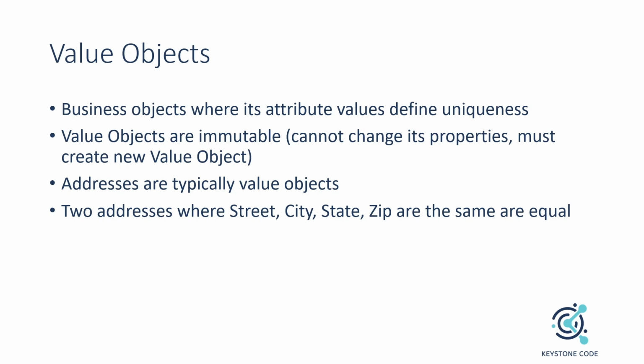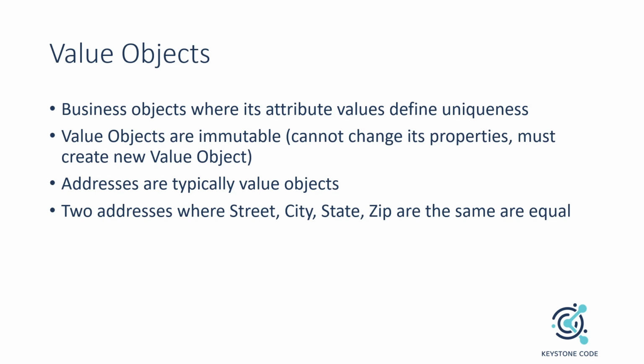And I do think when we finally start implementing, and you see in our example application, as we start to implement entities and value objects, it'll become even more concrete, the distinctions between them. But the first two bullet points are really important: business objects where the attribute values define the uniqueness, and value objects are immutable.